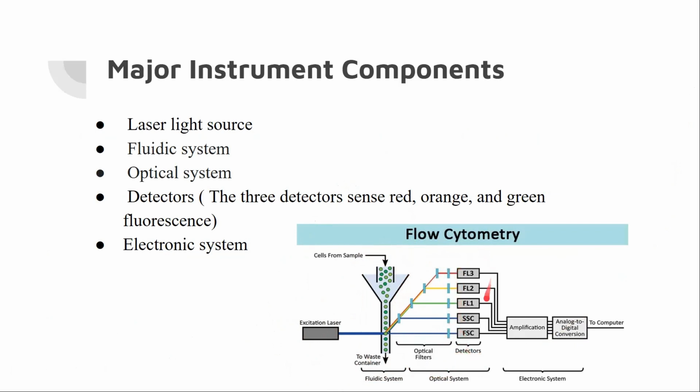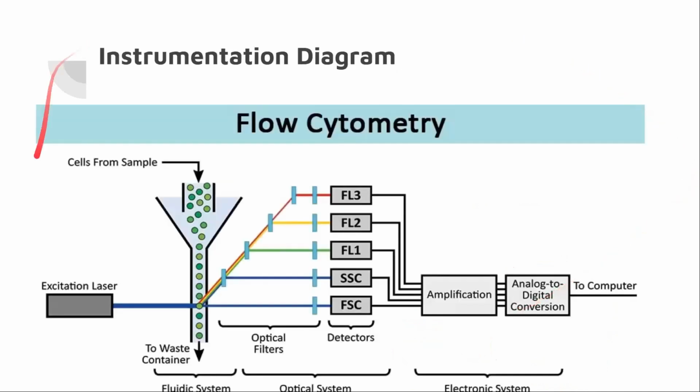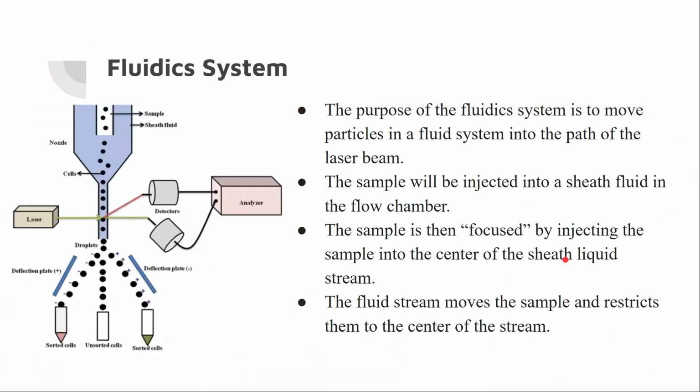We have the detectors, which here is 3 fluorescence detectors labeled FL1, 2, and 3, and then a side scattered light detector and a forward scattered light detector. And we also have the electronic system, which importantly is analog data to digital data conversion that then goes to the computer to be processed by the software. Here's a little bit of an expanded view. We have the laser, fluidics, optics, detectors, and electronic system.